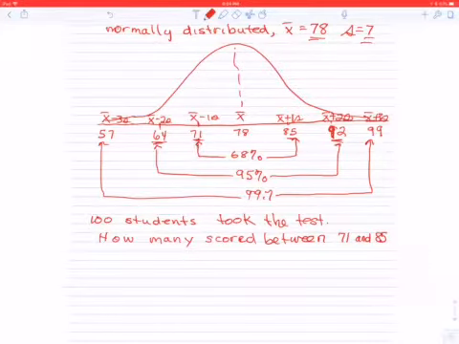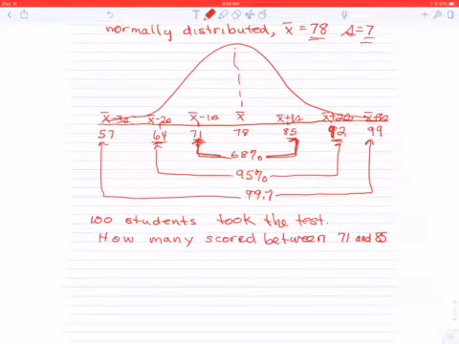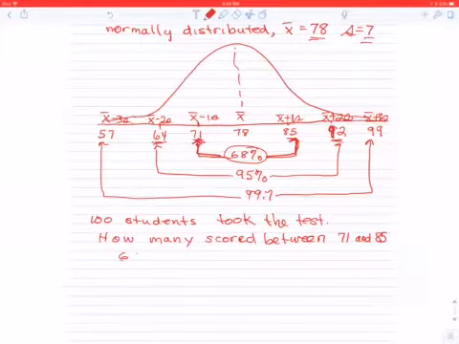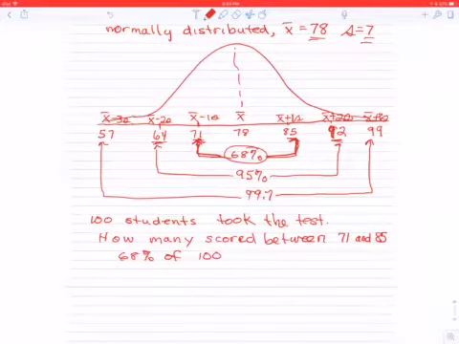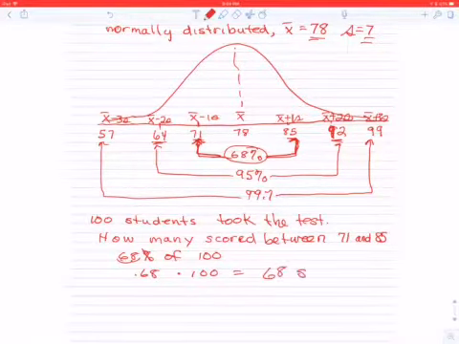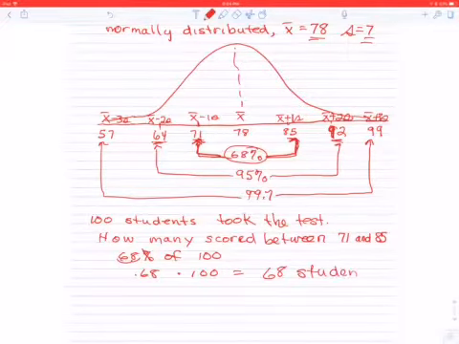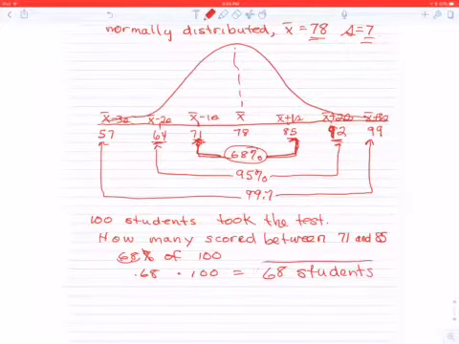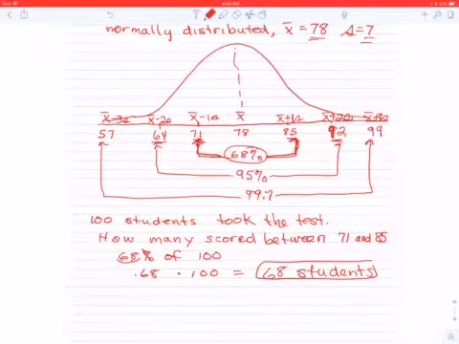Well, 71 and 85, that's within one standard deviation of the mean, so 68%. So 68% of the 100 students, okay, make a decimal out of it, multiply it by 100, so approximately 68 students out of the 100 students will have scored between 71 and 85.